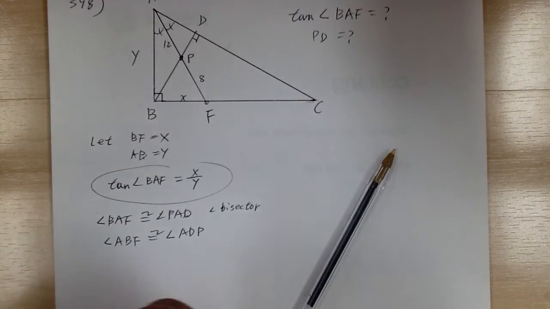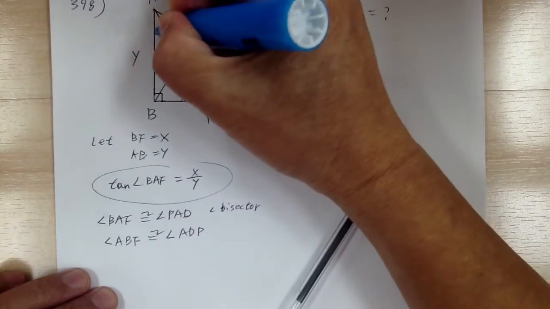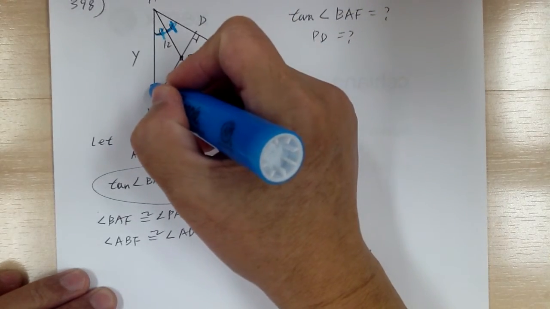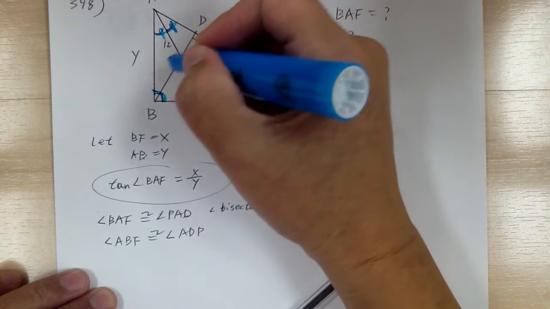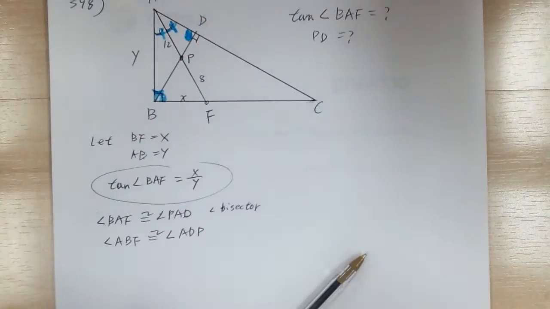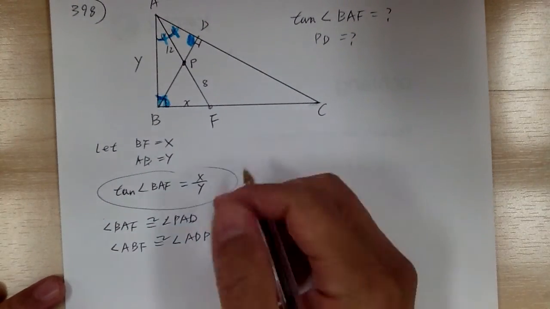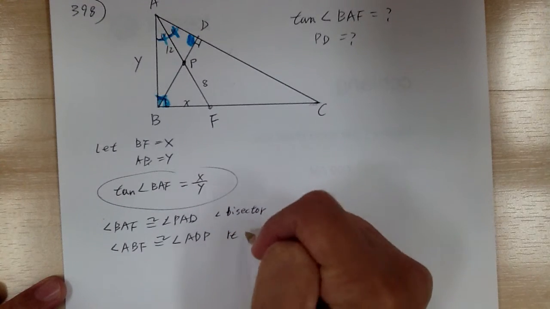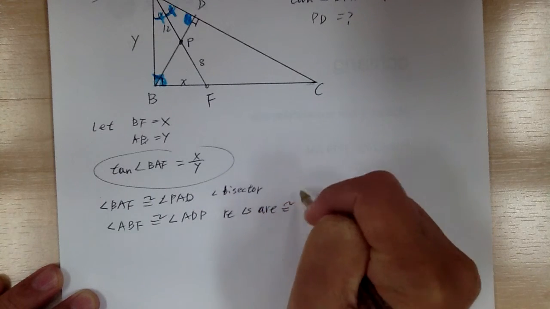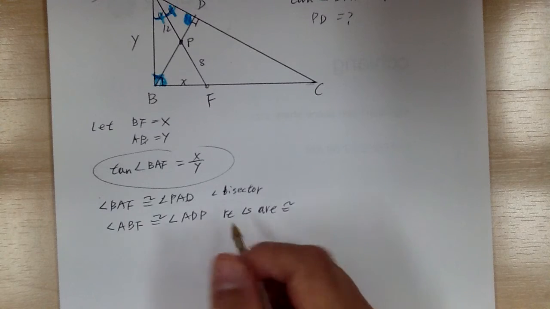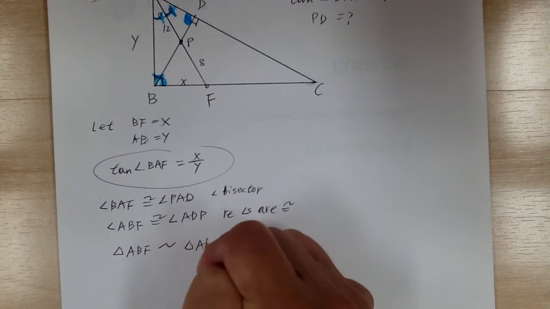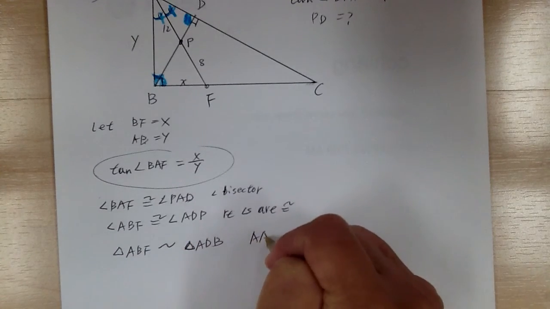Let's go and mark this, ABF and ADP. The reason for that is right angles are congruent. Then we have triangle ABF is similar to triangle ADP, and this came from AA.